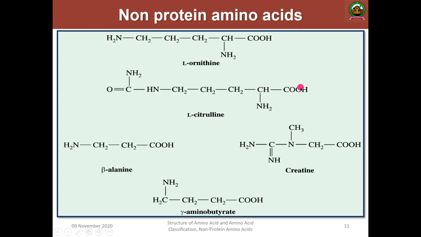These are the non-protein amino acid structures: this is L-ornithine, this is citrulline, this is beta-alanine, this is creatine, and this is gamma-aminobutyrate.